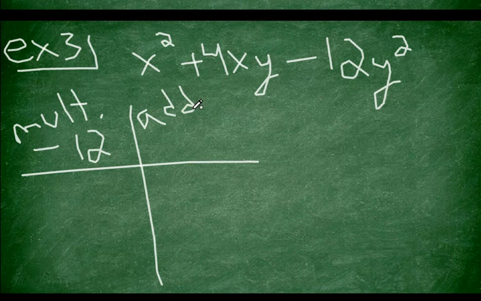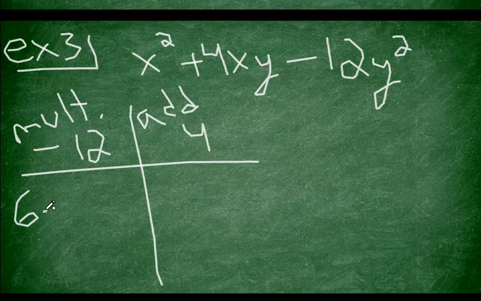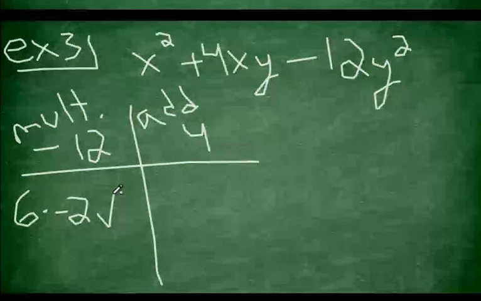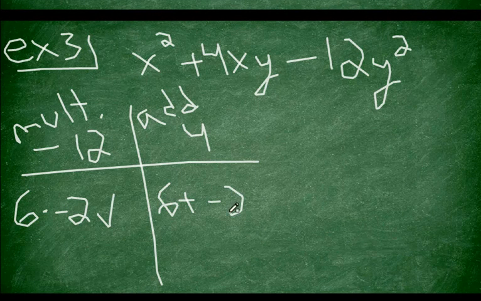And do you remember which number we add to? Should be adding to 4. I'll give you a second to think about that, and you should see that it would be 6 times -2. There we go. 6 times -2 is -12. 6 plus -2 is +4.